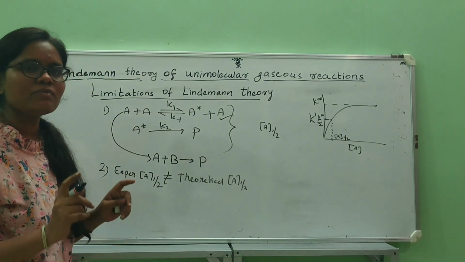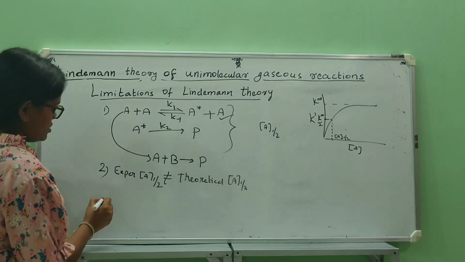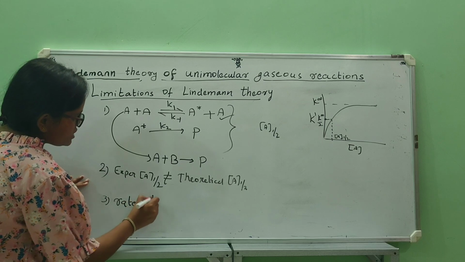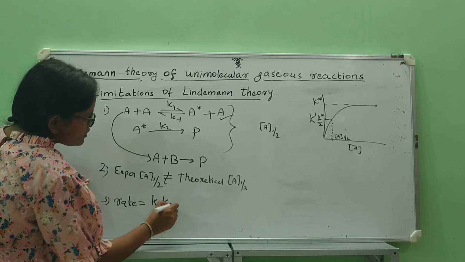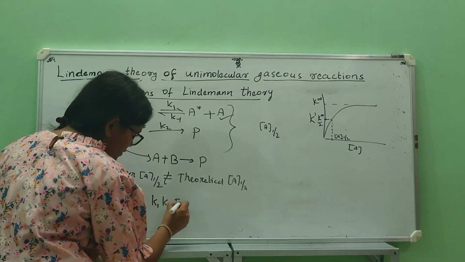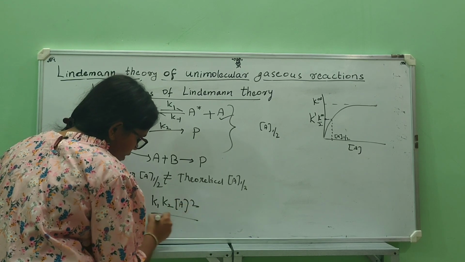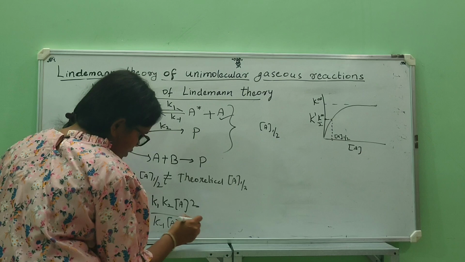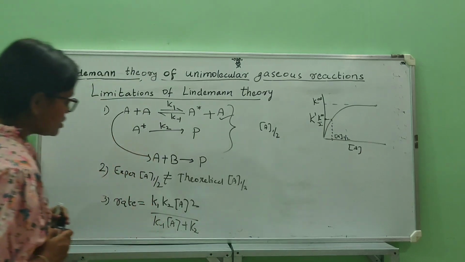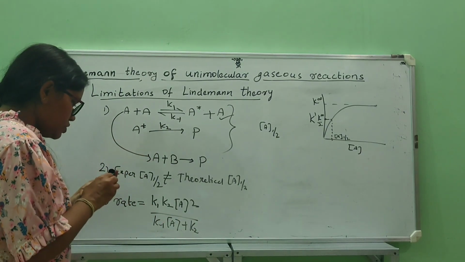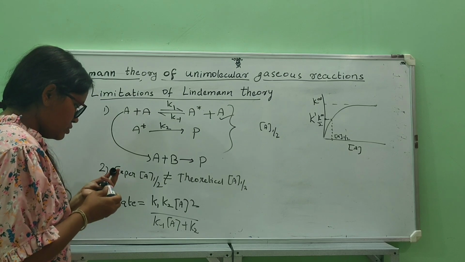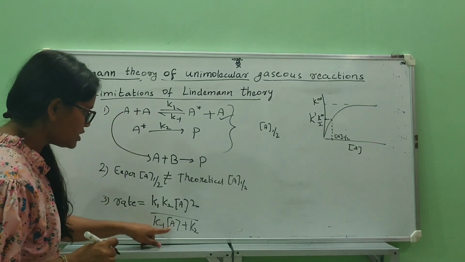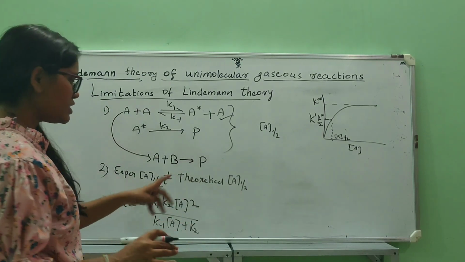The third limitation was about the rate equation. We know that the rate of a unimolecular gaseous reaction by Lindemann theory was given by this equation, K1 K2 A square by K minus 1 into A plus K2. According to this rate, unimolecular gaseous reactions follow first order kinetics at high pressure and second order kinetics at low pressure.